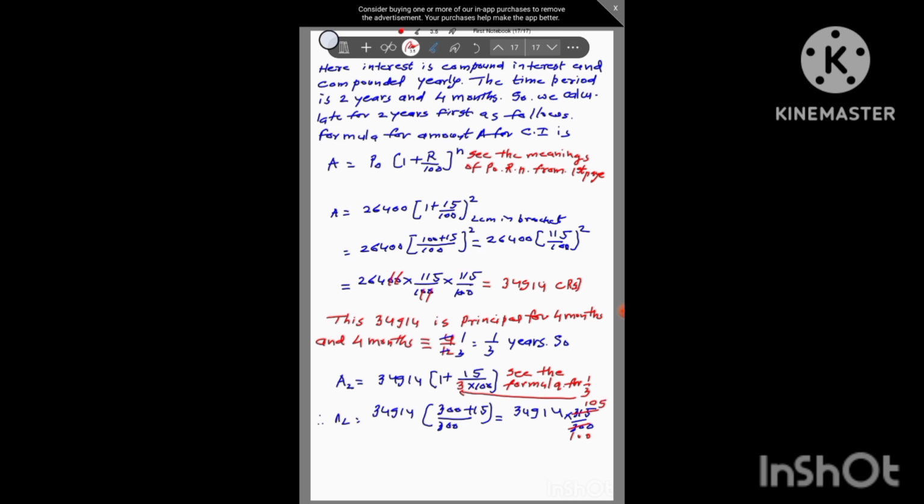This should be the final answer. 36659.7 rupees. So Kamala will have to pay this amount. So after 2 years and 4 months, you know how to split and do it? Yes, she will have to pay so much amount in rupees.